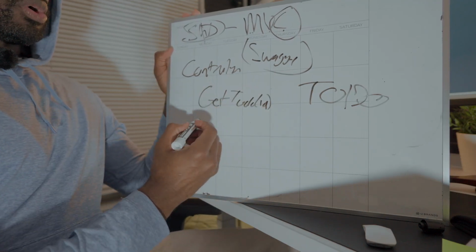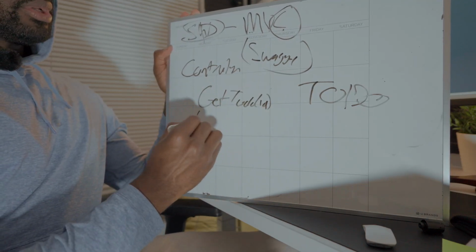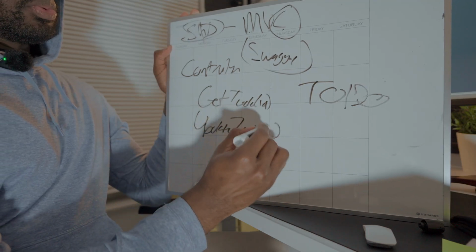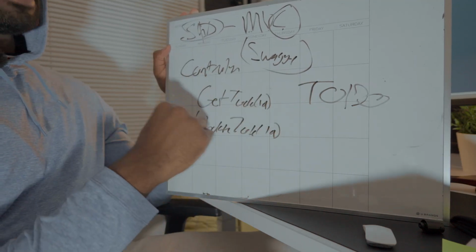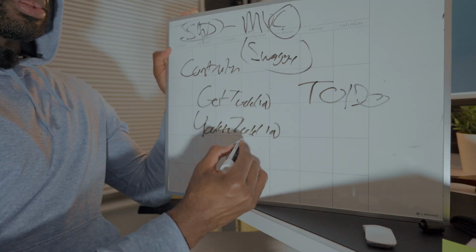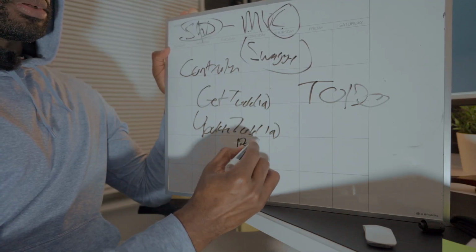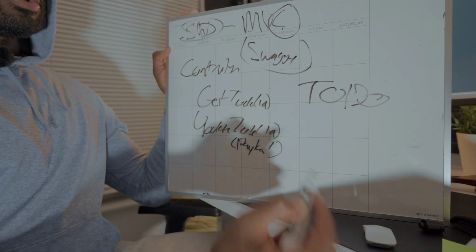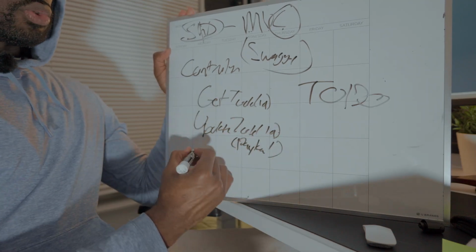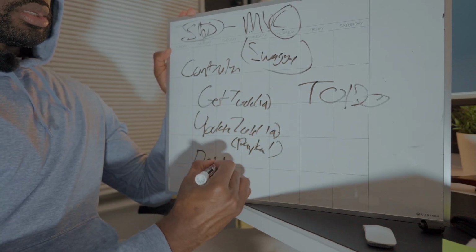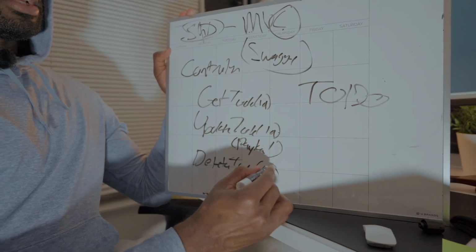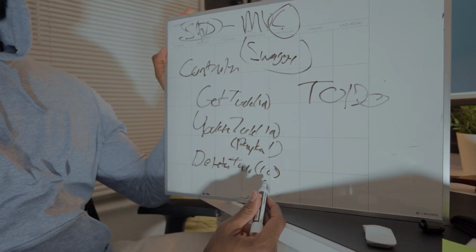You might have another controller called update to-do, where you get the ID of that to-do and you update it, but it also comes with the payload, because you need a payload to know what to update against that to-do. And you might have another controller called delete to-do, which takes in the ID of the to-do you want to delete.